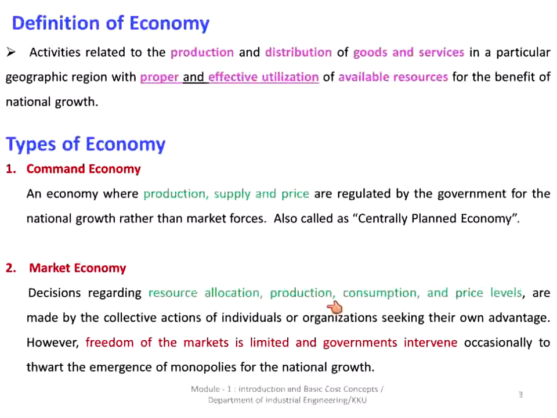Now, why does a government have to get involved in a market economy? Because the power is given to the market people to decide how much to produce, how much to distribute, how much to supply, what should be the price level. Then why is the government involved? The reason is, if the government is not involved, market people, say companies like Pepsi, Coke, all these companies, may fix their price as they like, which may affect society.